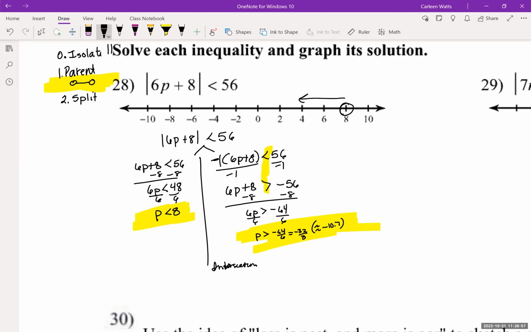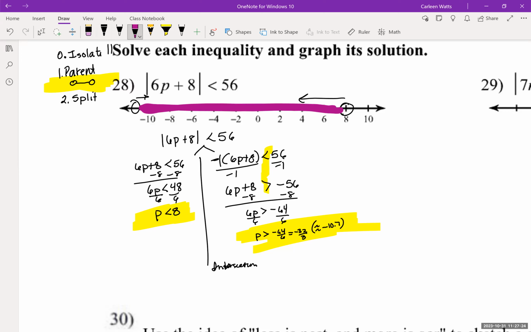So 10.7 is about right there, right? Now, greater than 10.7. Do you see where the nest is? Here it is. It is the intersection of those two inequalities.